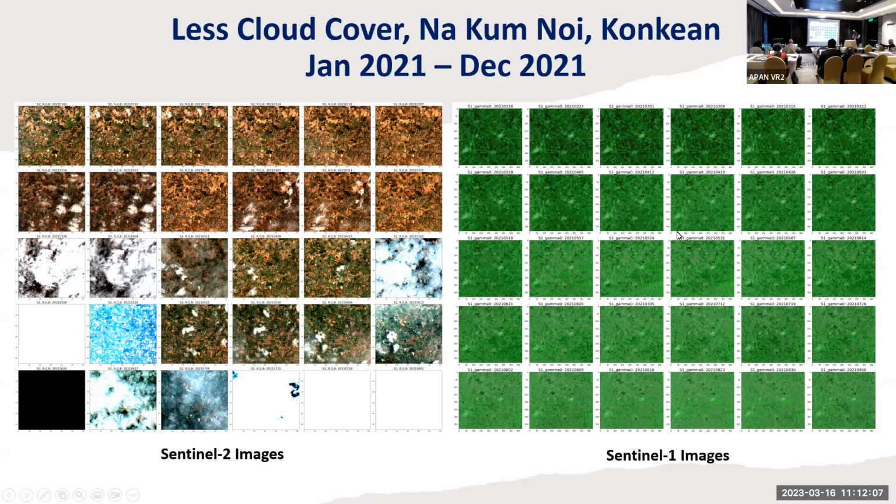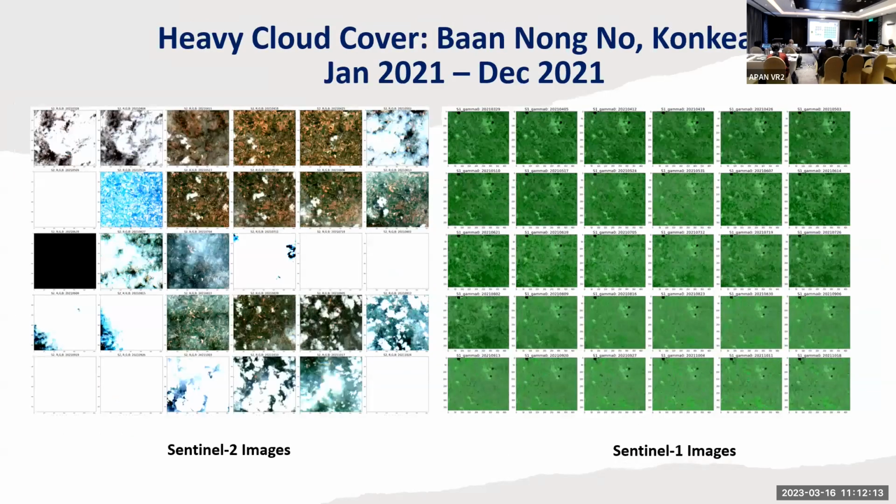For Sentinel-1 images, it's very consistent, but not too much detail. However, in heavy cloud cover areas, it looks like you don't have a good picture at all. So the Sentinel-2 model is useless in most parts of the country.